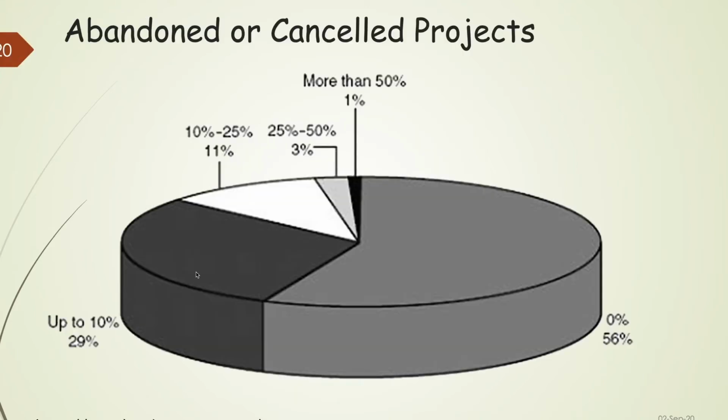So the result of that was that business had to cut the purse string, and many projects were abandoned. In fact, based on what we are seeing here, more than 50% of projects were abandoned or cancelled because of overrun, and therefore, hence it was really a crisis.